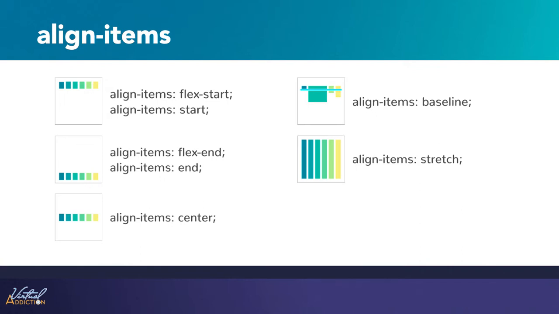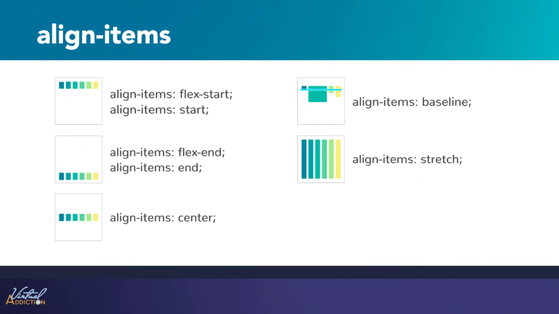It is worth noting that you can use align-items: flex-start or align-items: start, and the same thing for end. You can use either flex-end or end. The values flex-end and flex-start were created for use with the flex layout.